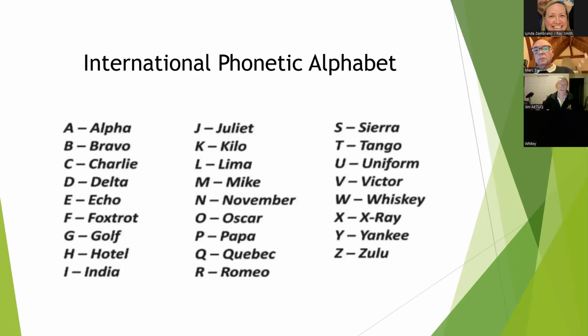And the International Phonetic Alphabet, it's good to know this. A lot of nets, if you get onto a radio net, a lot of times the call signs are only given in phonetics. Alpha Echo 7 Uniform Quebec is my call sign. Whiskey Alpha 7 Papa Tango Lima is Steve's.